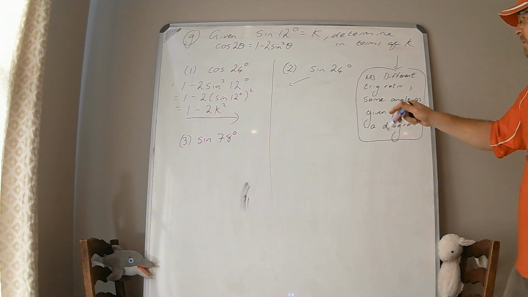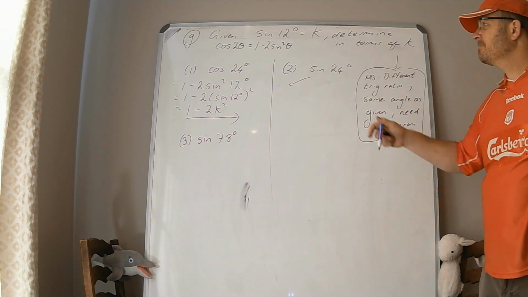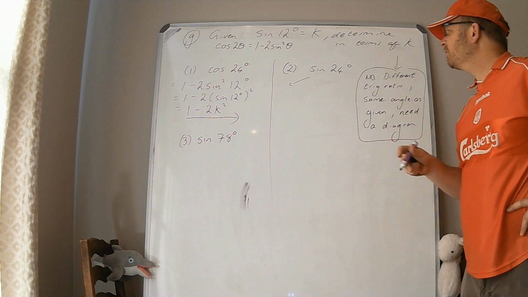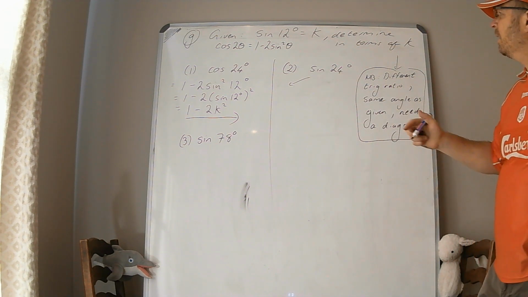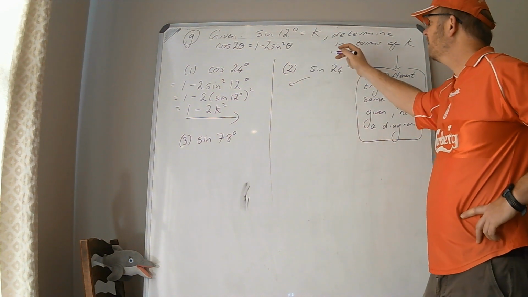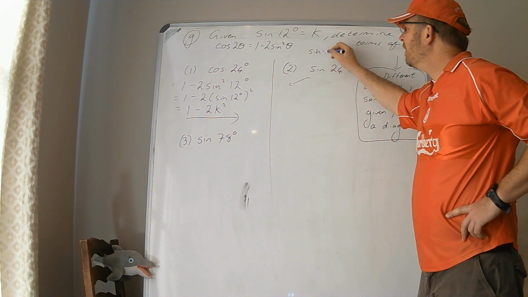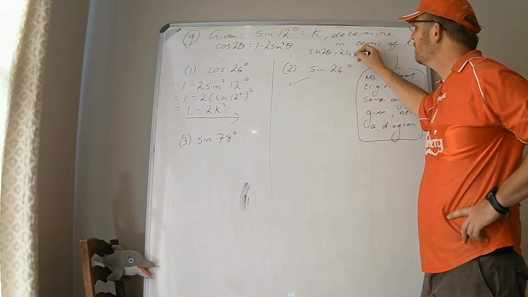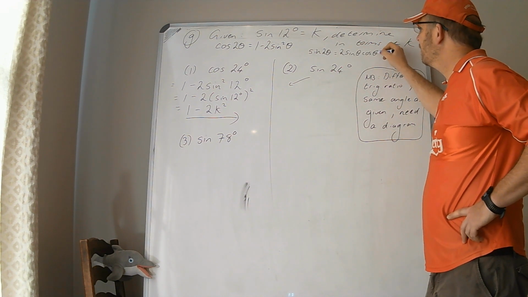Try to do the same thing with sine of 24. And let's have, I don't know, who haven't we had? Rowan. Okay. Sine of 24. Well, 24 is double 12. So we know that sine of 2 times 12 is equal to 2 sine theta cos theta.